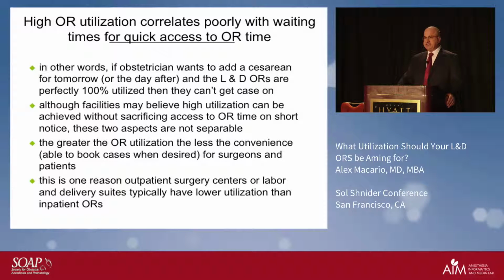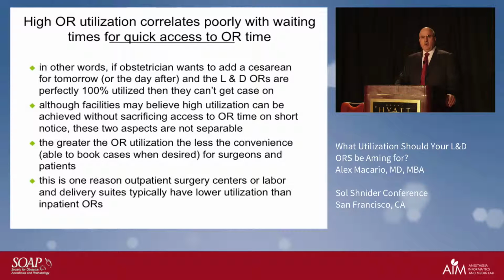And this is a difficult thing for hospitals, and the people that you speak to who help run the hospital, to accept. The greater the OR utilization, the less the convenience, able to book cases when desirous for surgeons and patients. There's a trade-off. And this is one reason outpatient surgery centers and labor and delivery suites typically have lower utilization than inpatient ORs.